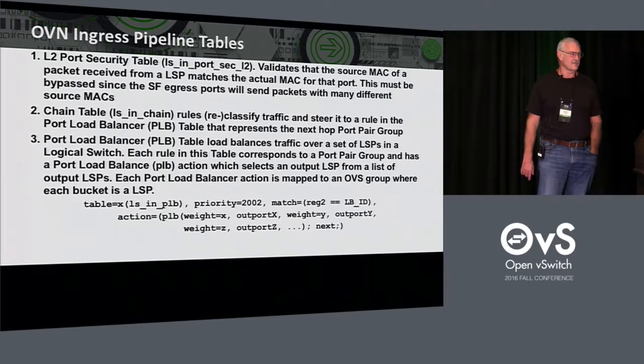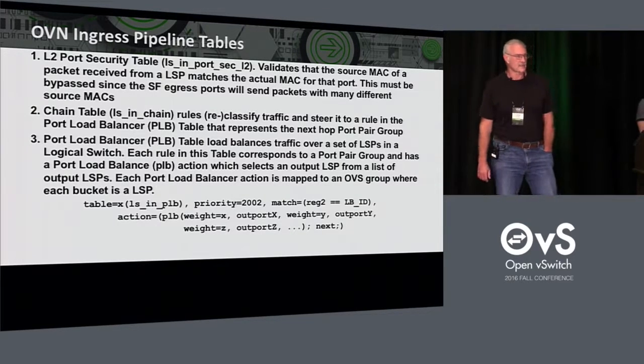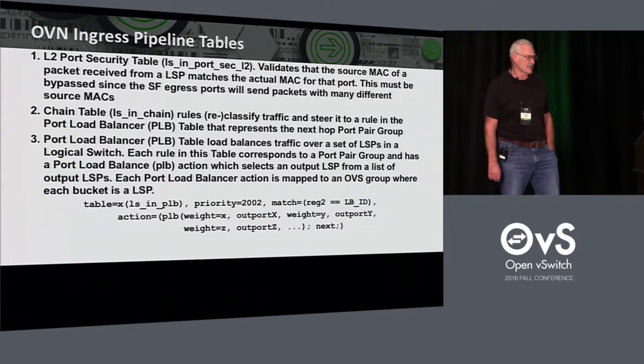This, as I mentioned before, would have rules that would be able to steer the traffic. The idea would be to have some mechanism where you'd do the matching. This would include classification on the initial ingress from the source VMs or the source logical ports through to reclassification from the out ports from each one of the service functions. That would be handled by this chain table.